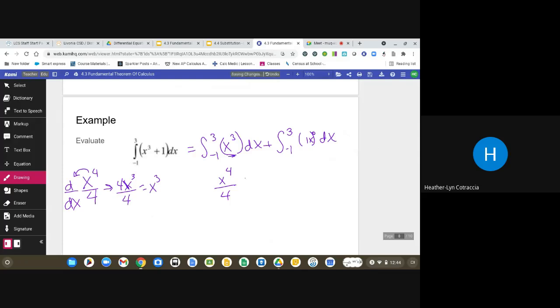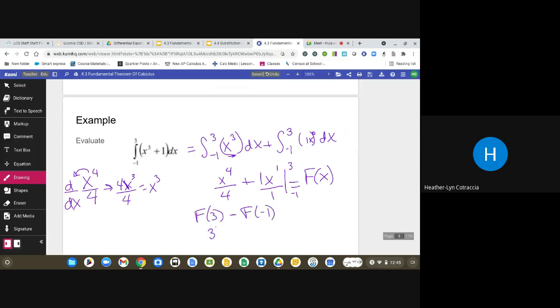Plus, now this one up here is x to the 0, so we add 1, and then we divide by that new exponent. That right there is what my big F of x is, and now I'm going to evaluate that from negative 1 to 3. So I need to find F of 3 minus F of negative 1.